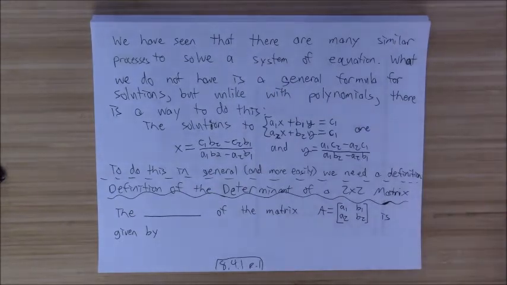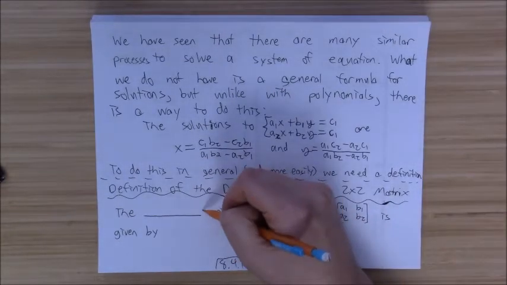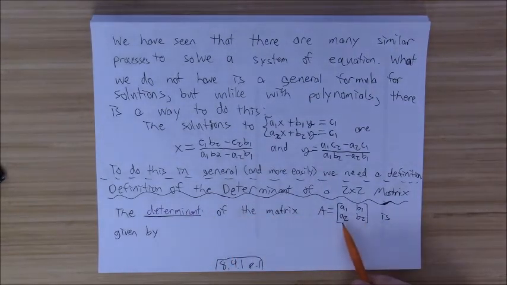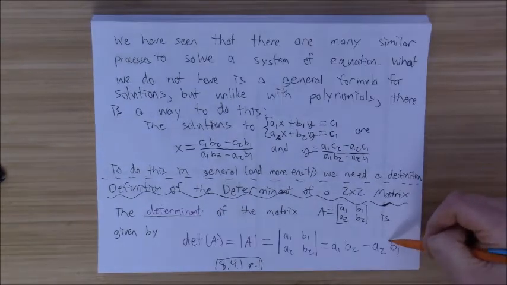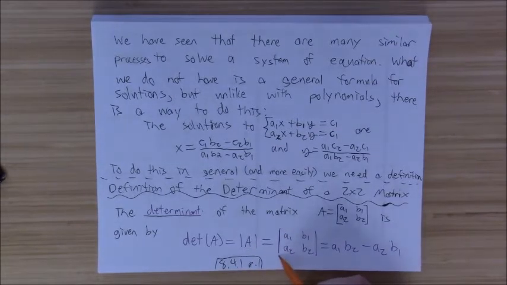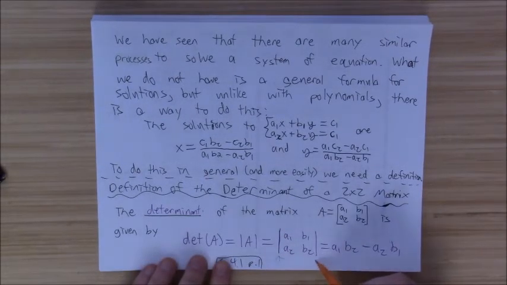So here we define the determinant of the matrix A equal A1, B1, A2, B2 as given by the determinant of A, which is also read as the determinant of A, so it's kind of like a size sort of thing. Namely, we also have the bars, so I want you to notice the bars here.